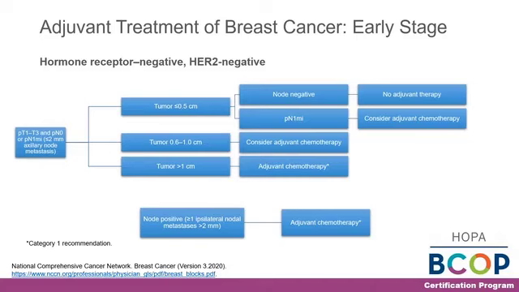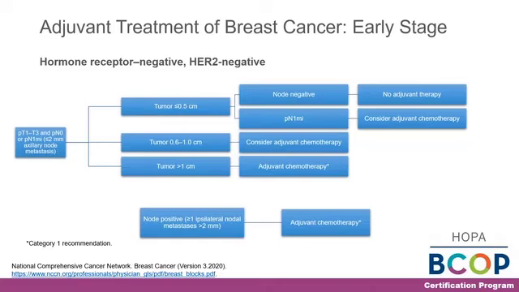If patients have a tumor that's between 0.6 and 1 centimeter, the recommendation is to consider chemotherapy. Often in clinical practice, depending on other patient characteristics, there may be more of a push to actually offer adjuvant chemotherapy.